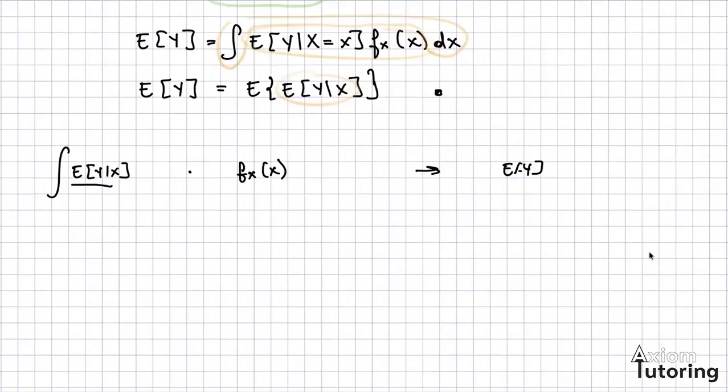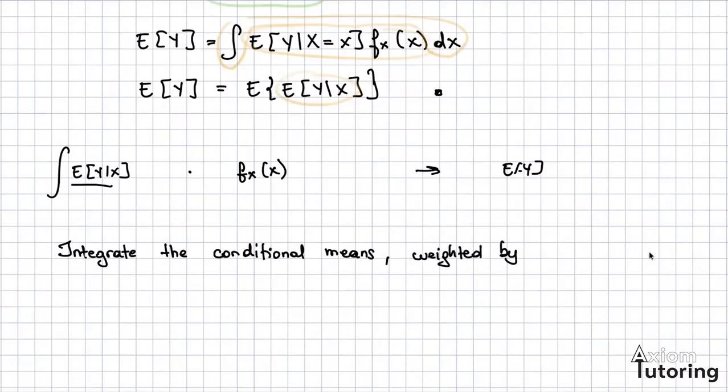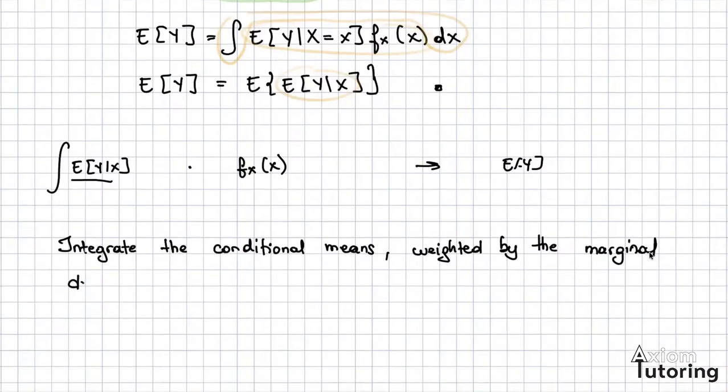And let's write that down so that you can also use this definition to compare it to the discrete case that we talked about in the previous videos, so that you can more easily make that aha connection between the two cases. So in here, we integrate. We don't find the average in terms of a sum over the total number, but we integrate the conditional means weighted by the marginal density.